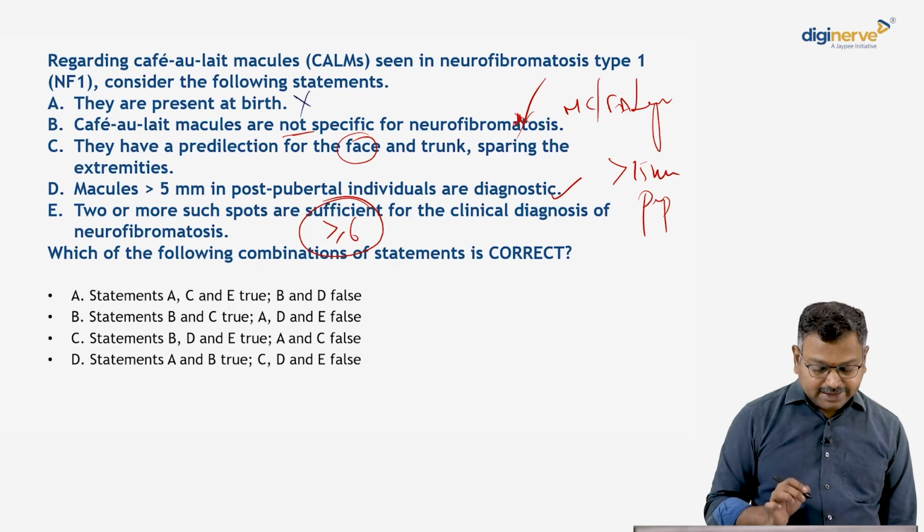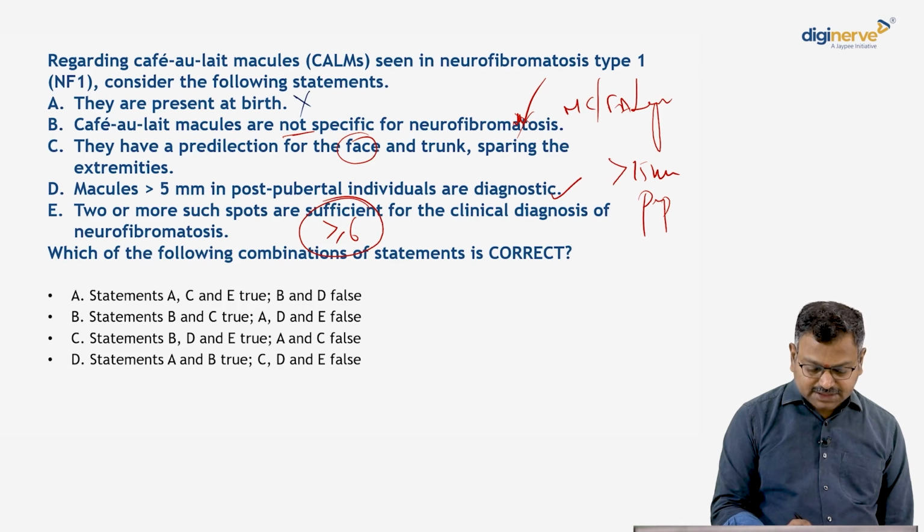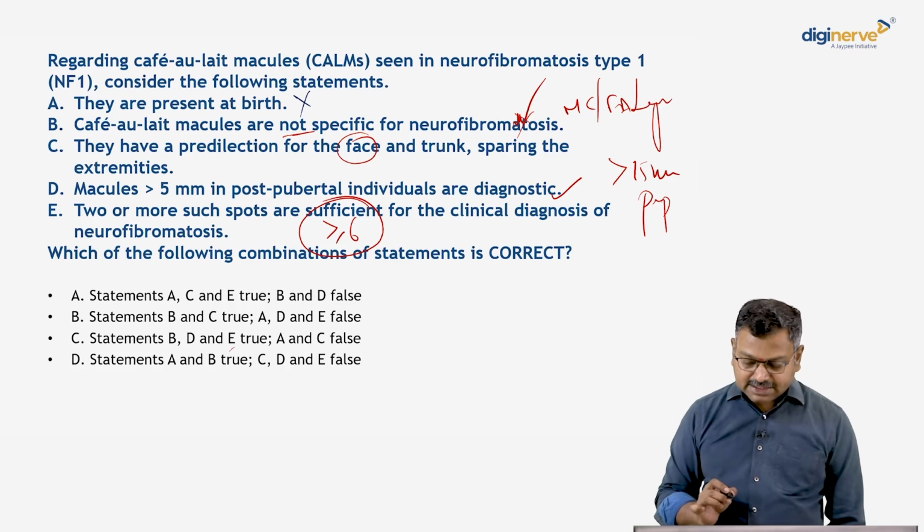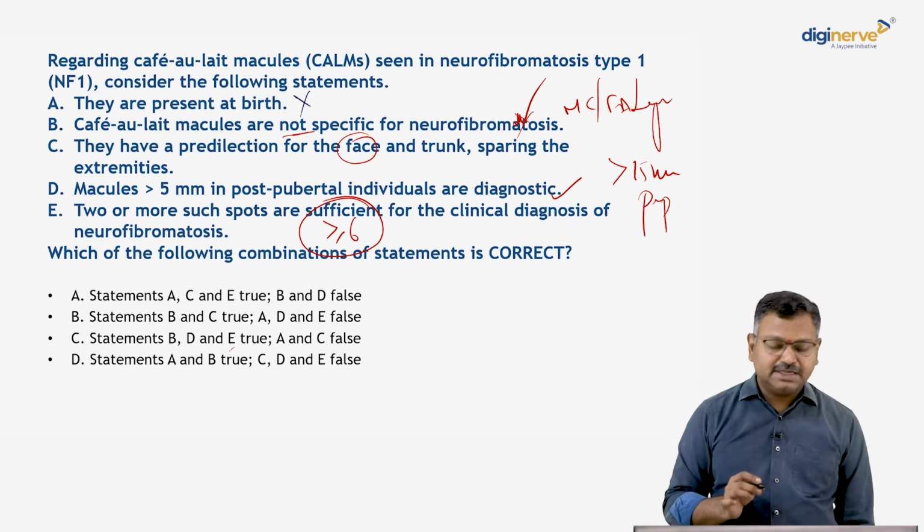And 2 or more spots, if you see here, is not actually correct. We require 6. 2 is simplistic.